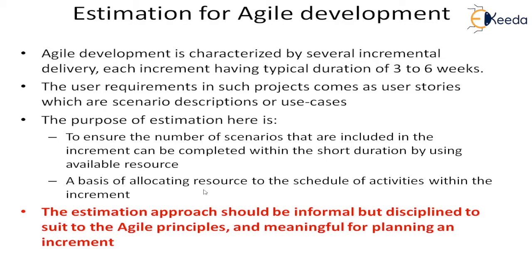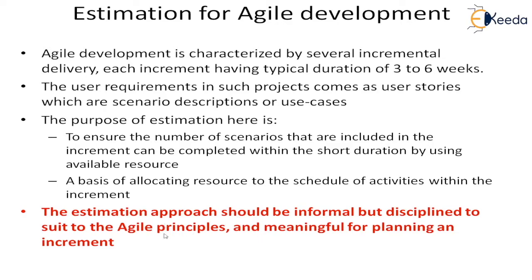It also becomes a basis for allocating resources to the schedule of activities within an increment. How we will run that increment and monitor the activities within it becomes the objective of this estimation, so that we can develop a schedule of activities based on this estimation for whichever user stories we have selected.